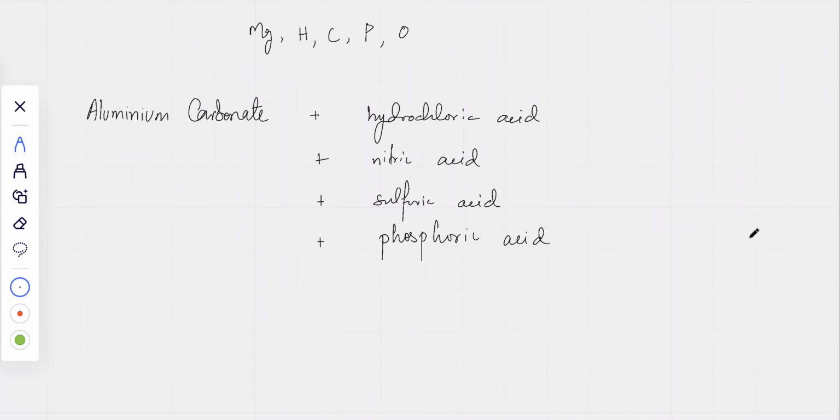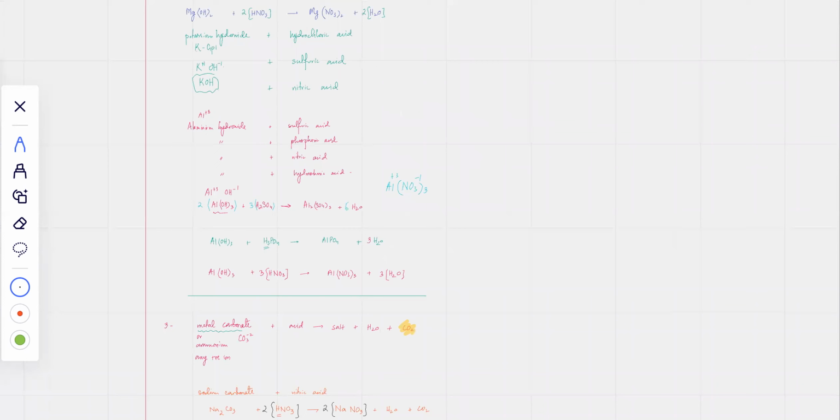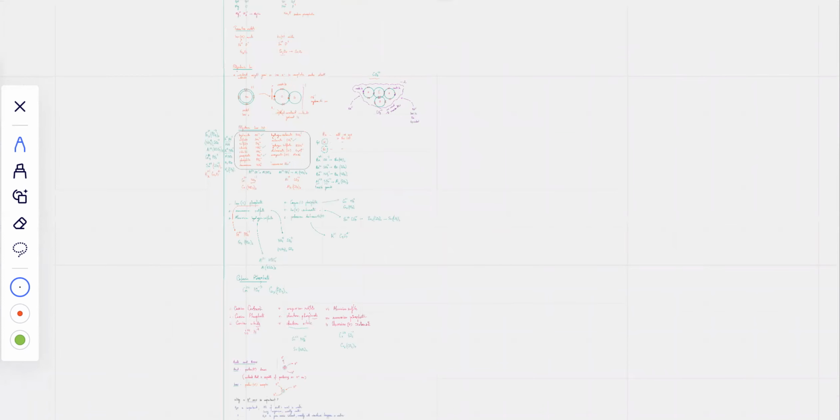Yes, what's the charge of CO3? It's -2. I mean, you should know the charge. I'm just sending you the snapshot again of where all the charges are.